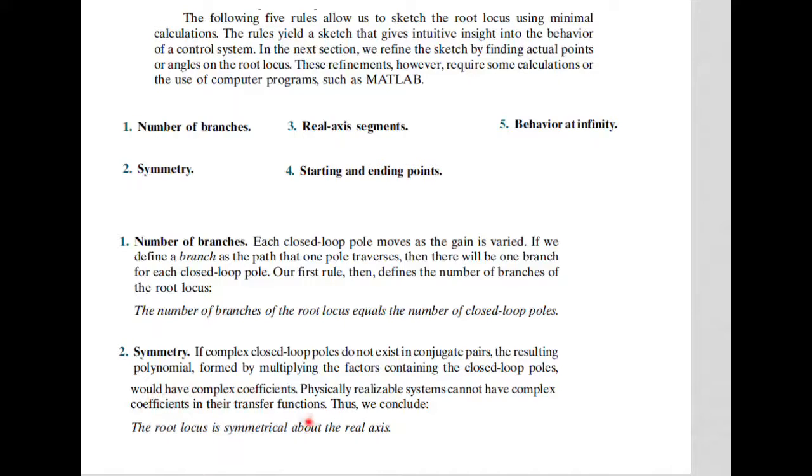So physical systems don't have complex coefficients, that is, this j term would not be there in that case. The observation from that is that the root locus is symmetrical about the real axis. They must exist in conjugate pairs. If they do not, then definitely they would have complex coefficients, and these are not physically realizable systems. Now come to point number 3.